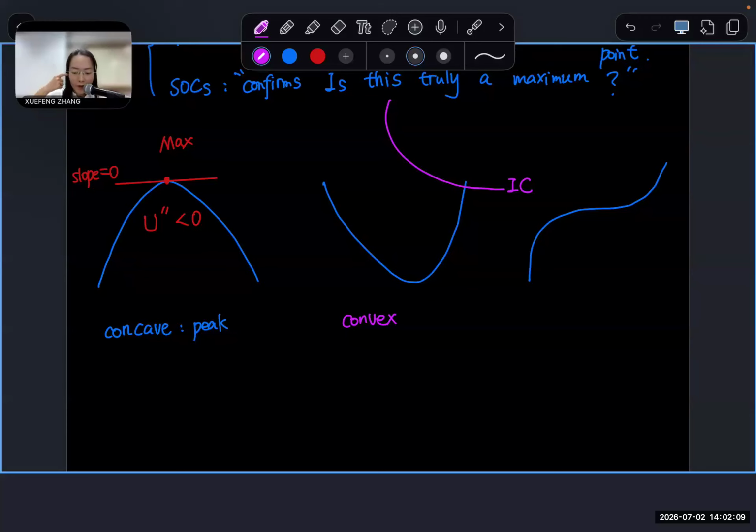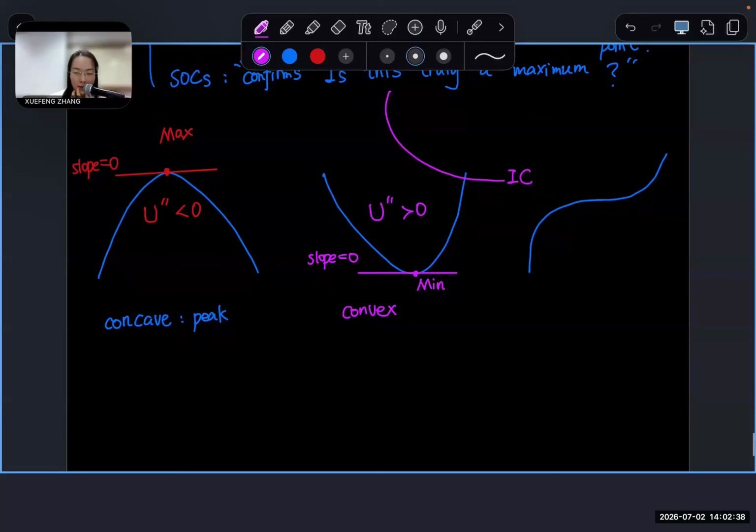If a function is convex, we can find a point where the slope equals 0, and we can be very sure this point is the minimum. For the second order condition, we need u double prime greater than 0 to find the minimum.